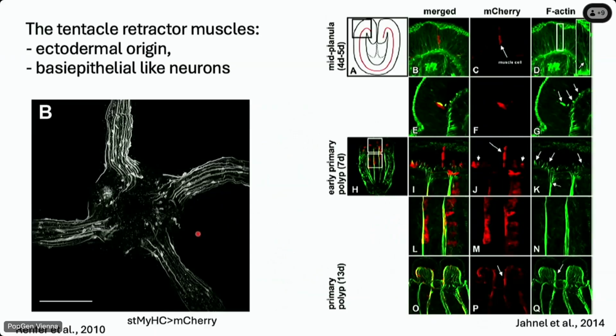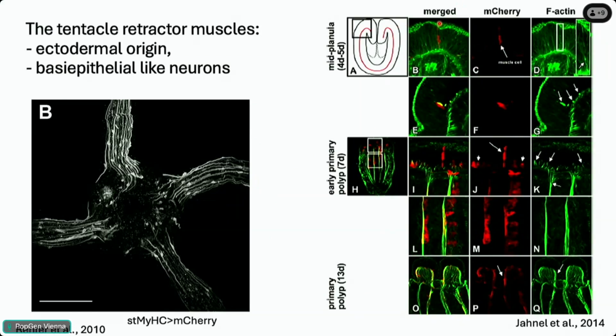And that cell type is something special because, as I briefly mentioned before, and this is a transgenic line here, this is the only ectodermal muscle that we have in this organism. All the others are from the inner layer. They're born here at the early stage, from an epithelial cell.